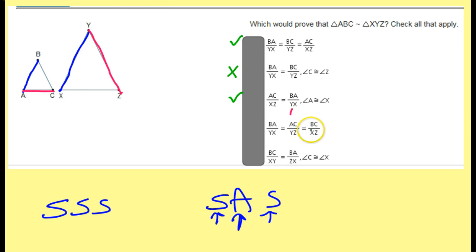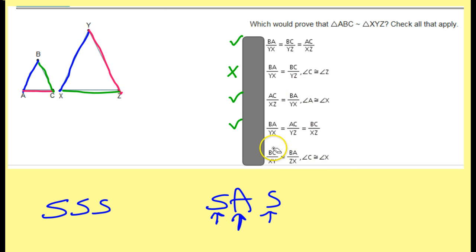I have BC over XZ. And every time I was paying attention to make sure that we were going left over right, and all 3 of these went left over right. So yeah, that would be side, side, side similarity again. So that's good, just like the first one was good. All right, so that's what we have so far.